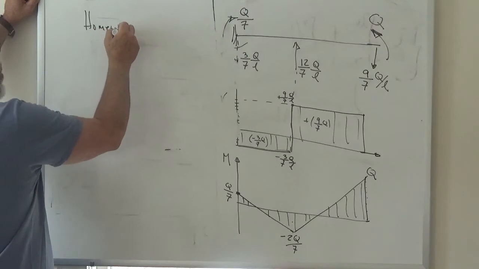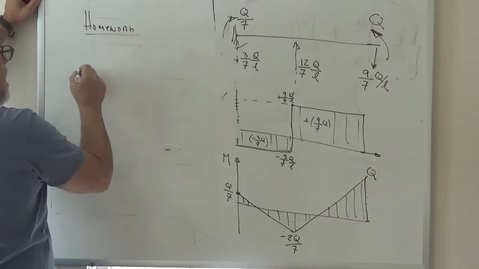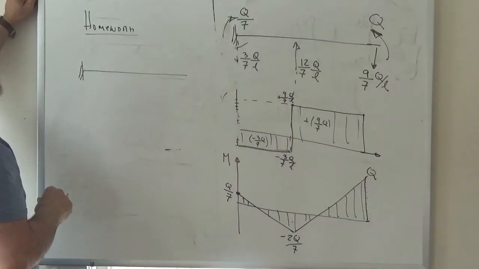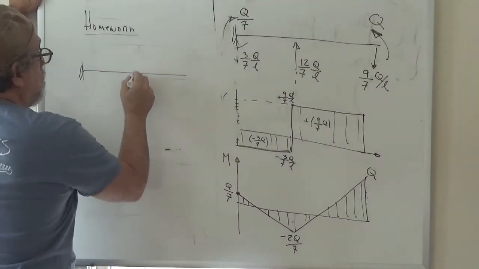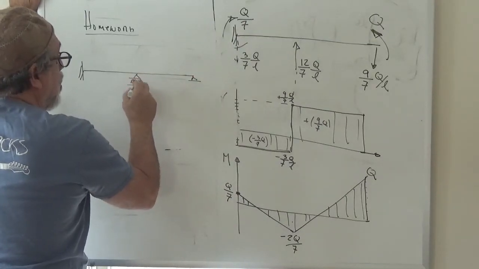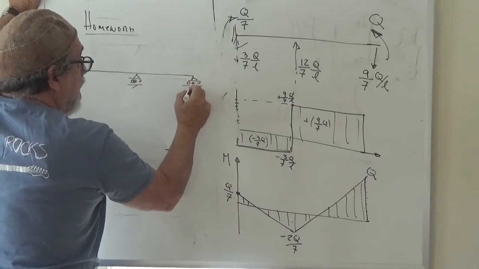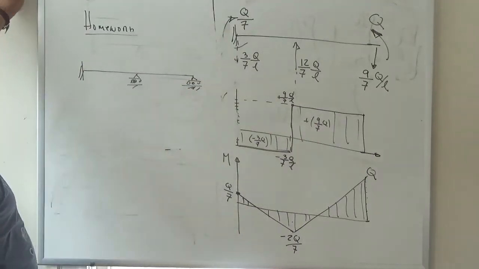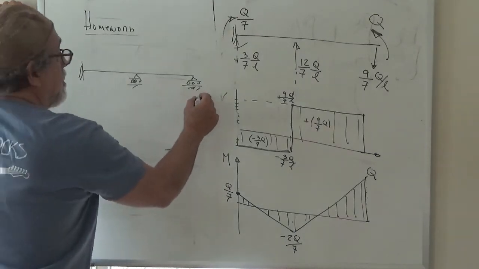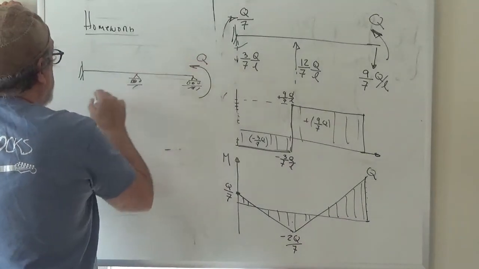Now for homework, for your first homework on this, I'm going to make it, how should I say, very simple so that you can do it quickly and be ready for the next class on Monday where we try something a little bit more complicated. So this is the structure we just solved.